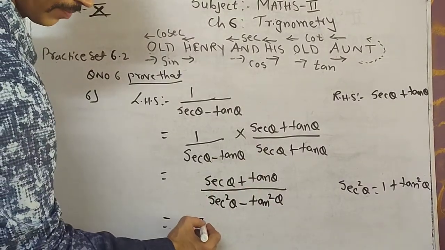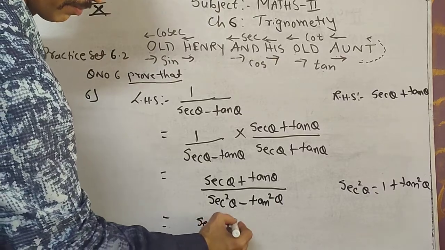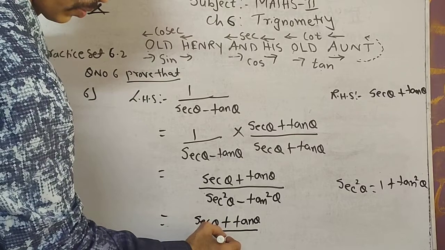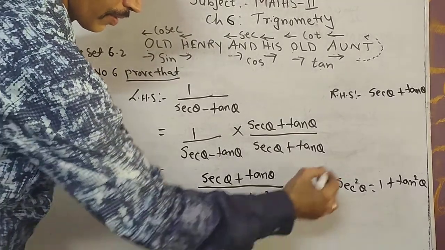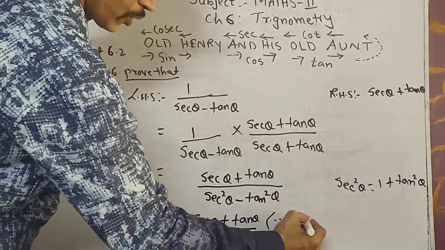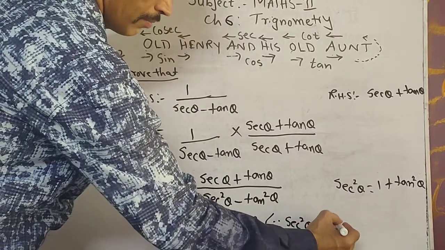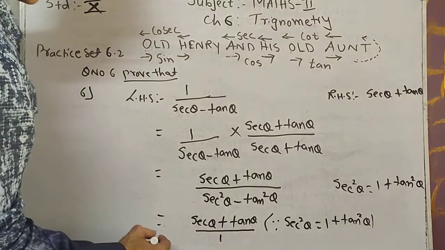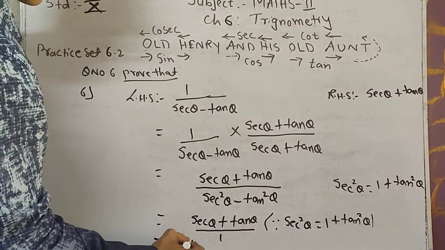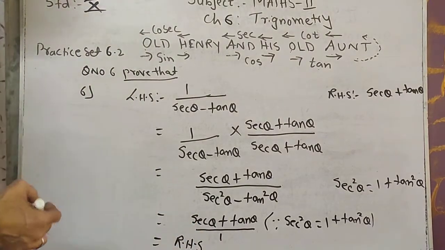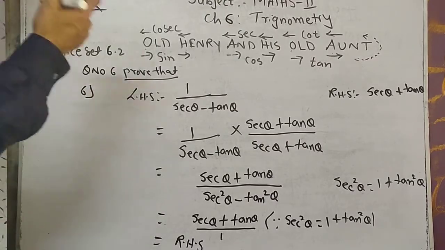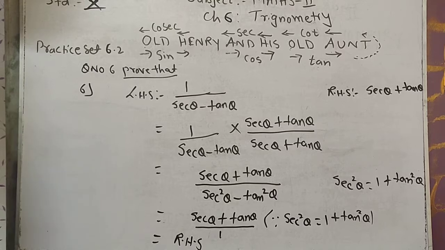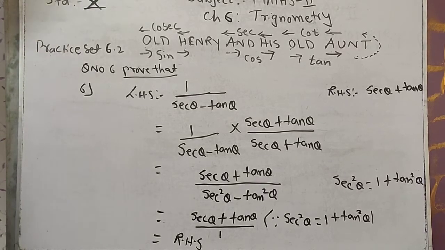So I am writing here sec theta plus tan theta upon 1, and you got the answer, left hand side equal to right hand side. Again in this sum also you can see very few steps. If you do this, the sum is completed. Please copy it down.